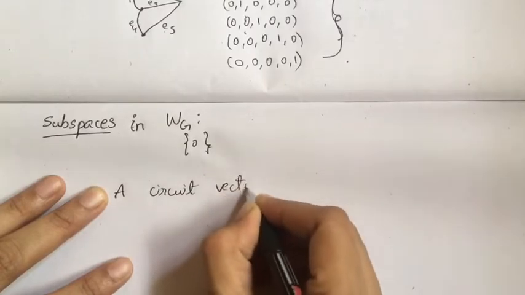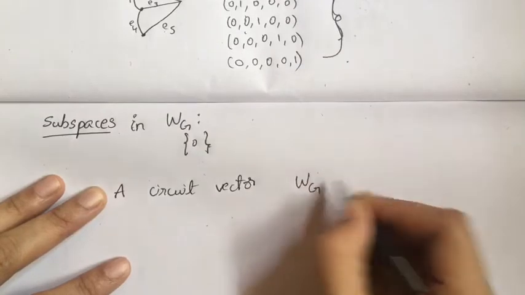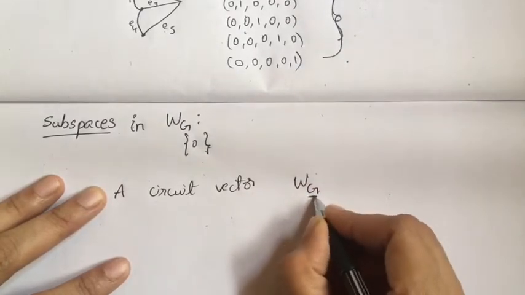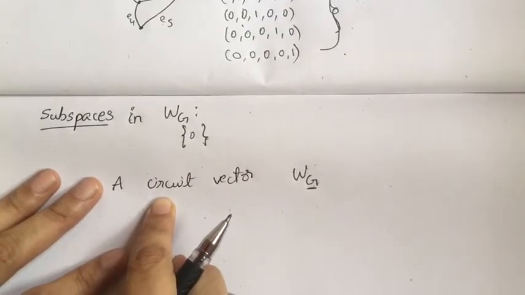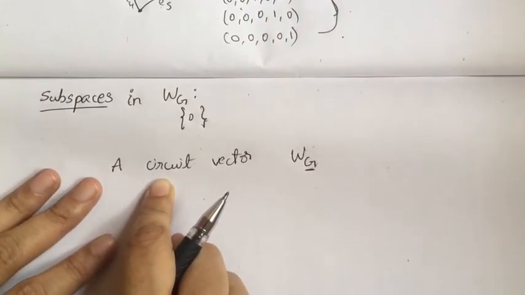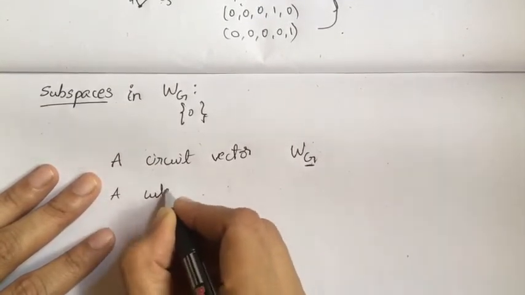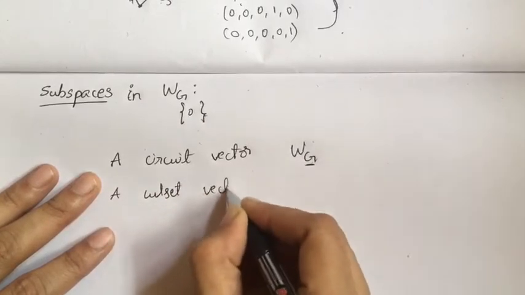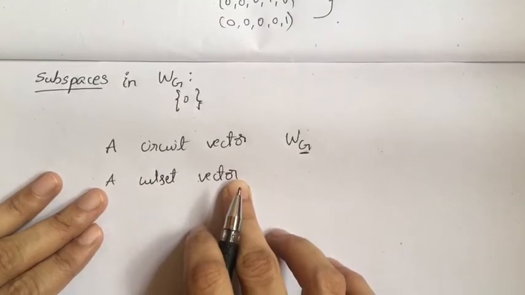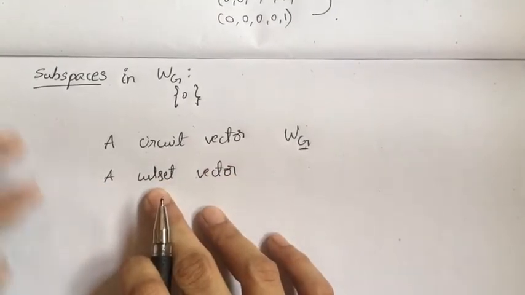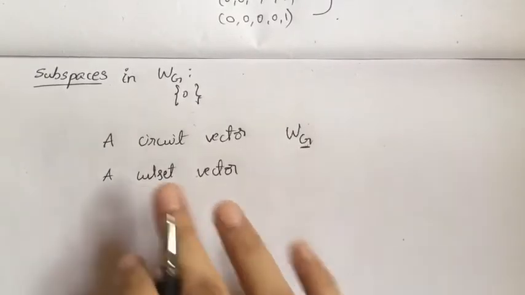It's a vector in WG representing either a circuit or a union of edge disjoint circuits in graph G. Another one is a cut set vector. It's in WG and represents either a cut set or an edge disjoint union of cut sets in graph G.